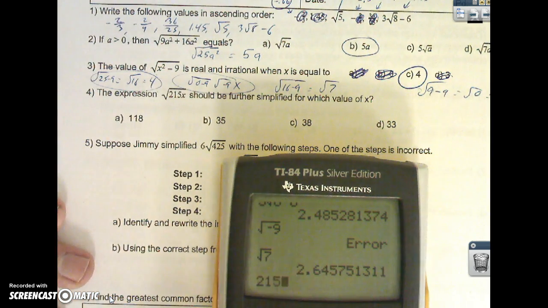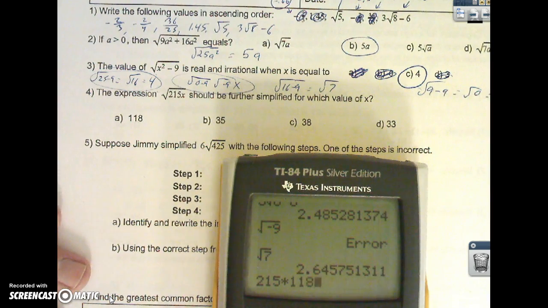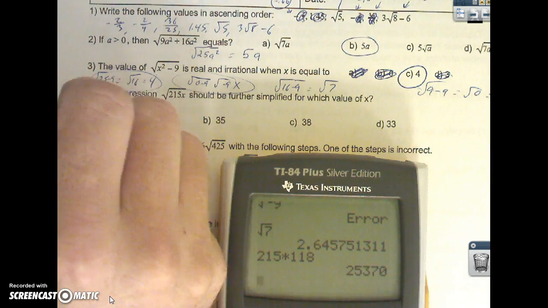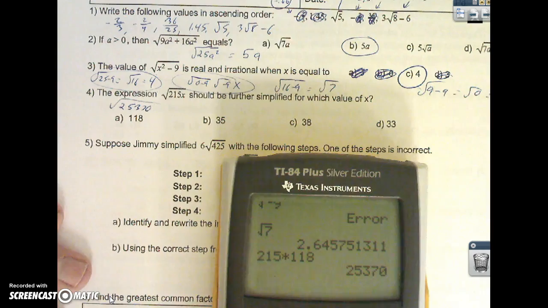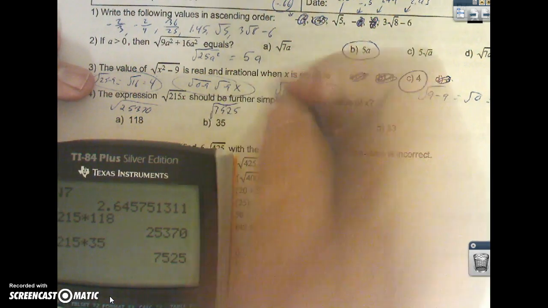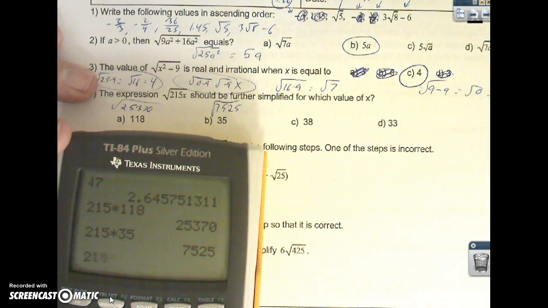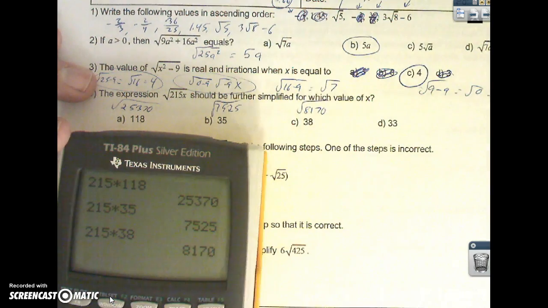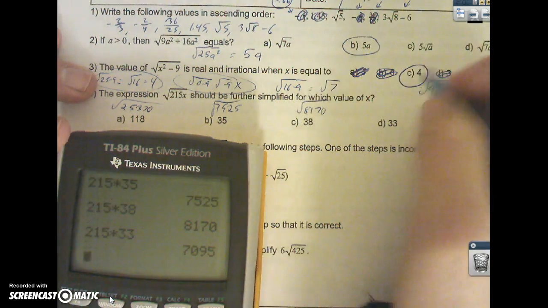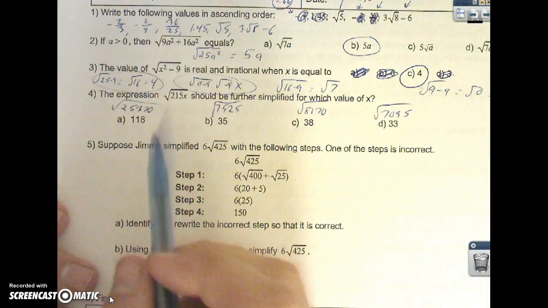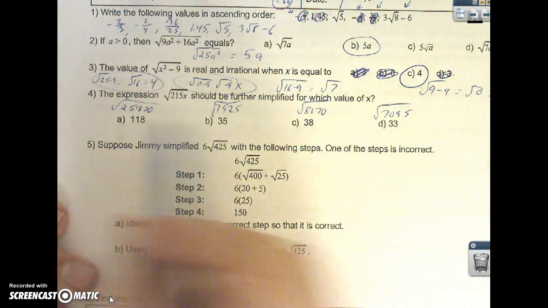Well, let's take a look. 215 times 118, 215 times 35, 215 times 38, 215 times 33. You're looking to see which of these numbers can be simplified down as far as perfect squares go.